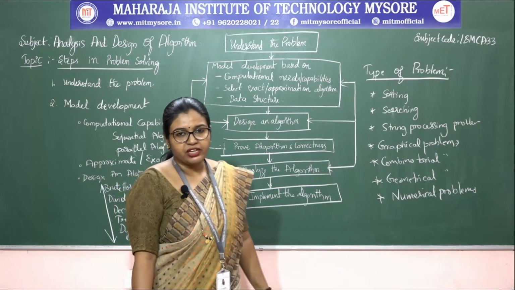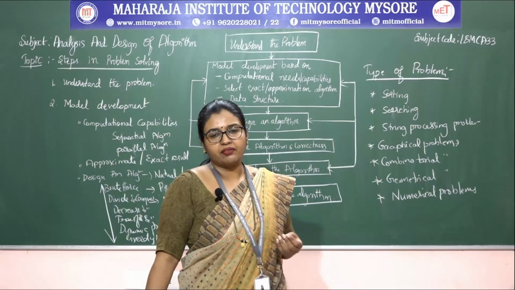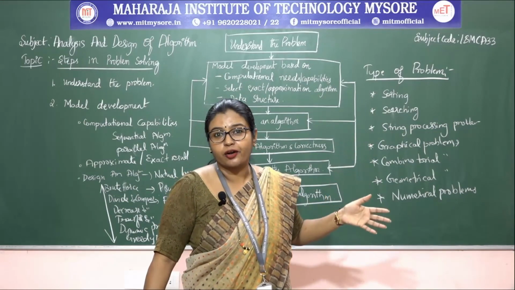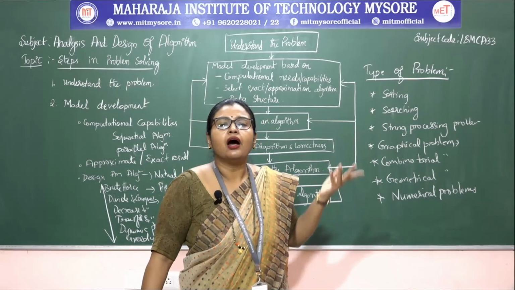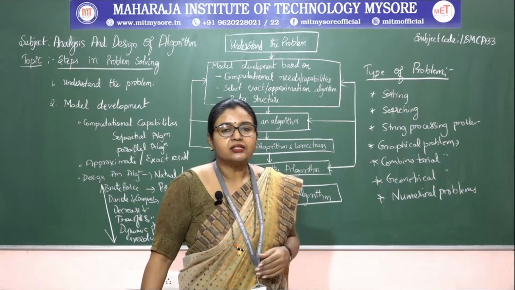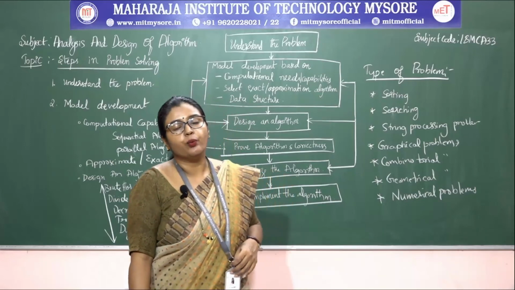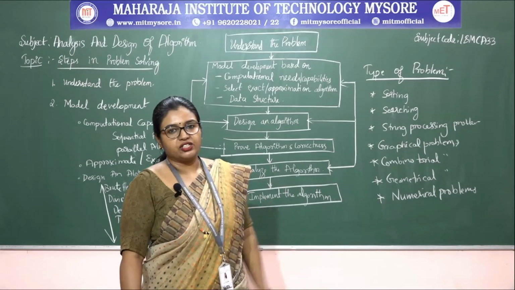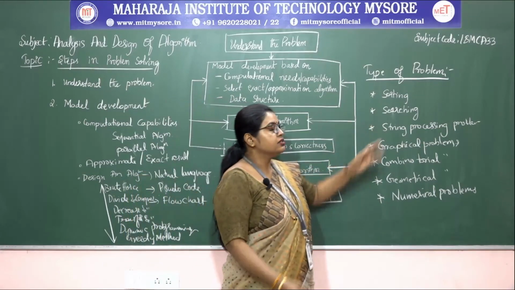If you type a name in your Facebook account, it lists your friends' names in sorted order. In the back end, sorting algorithms are working. In the coming sessions, we are going to learn various sorting techniques using some methodologies.